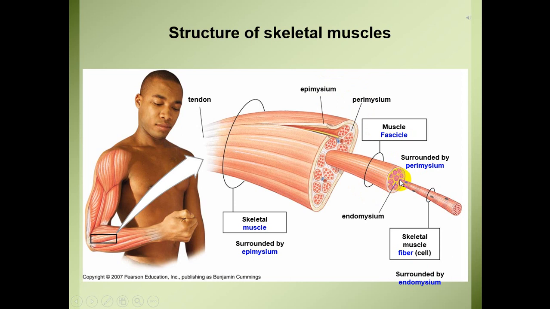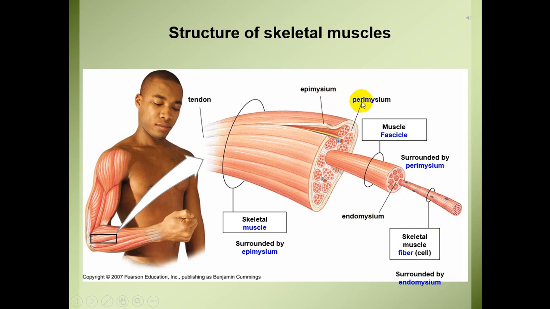The skeletal muscle cells or fibers or myocytes are also called myofibers. They individually are surrounded by another layer of connective tissue, and this time it is loose connective tissue surrounding the skeletal muscle cell, known as endomysium.